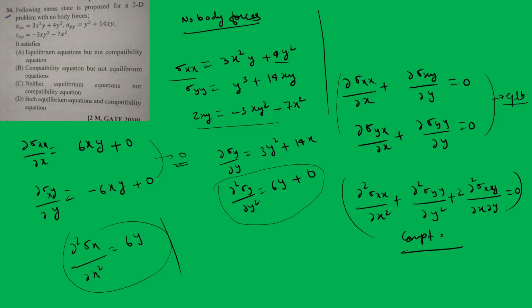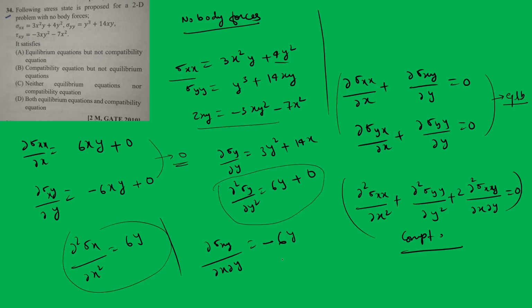So we already have dou sigma xy by dou x dou y, and we have to differentiate it with x. If we differentiate it with respect to x, what will it be? It will be minus 6y.